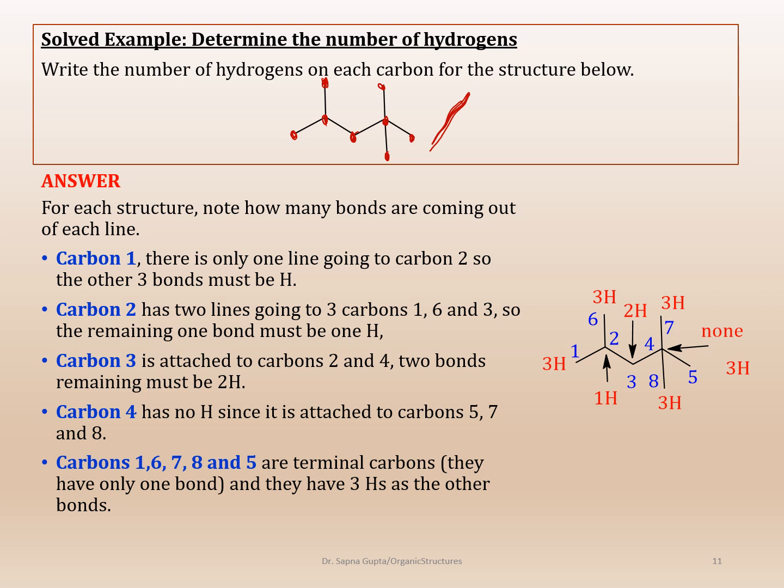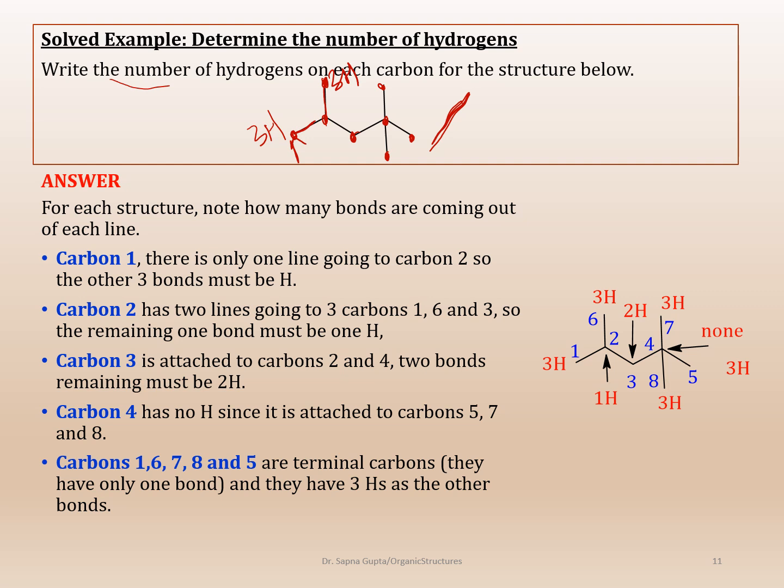My question here is, write the number of hydrogens on each carbon. So the way I do this is I look at this carbon and it has 1 bond. It means there are 3 hydrogens. That's what I've written down here also. This carbon has 1 bond, so it must have 3 hydrogens. Why? Because the other 3 bonds are hydrogen.